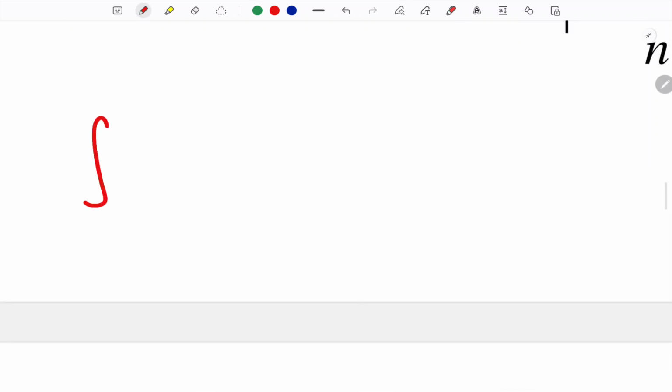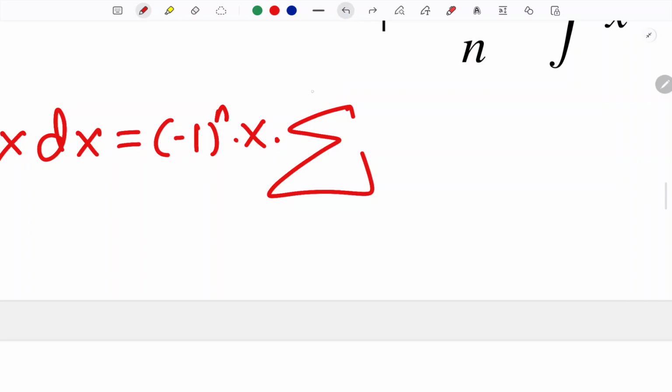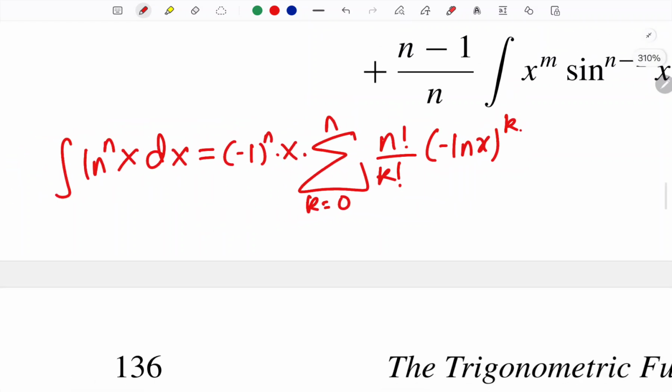It's the integral of (ln x)^n dx is (-1)^n times x times the series, no, it's not infinite, but n, from k equals 0 to n of n factorial over k factorial of (-ln x)^k. Okay, let me look at the proof.